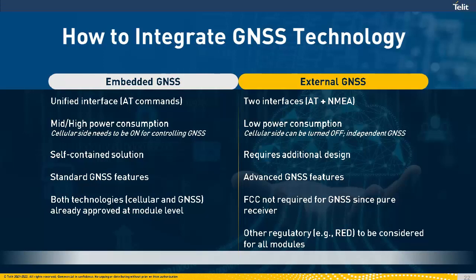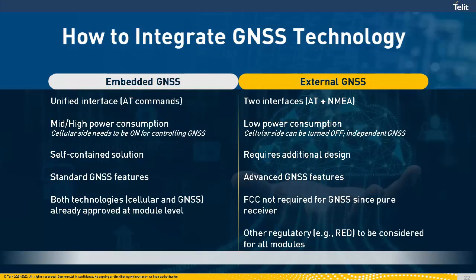Here again we get back to the software and firmware strategy for your final application: if you need to use the GNSS independently, or if power consumption is your concern, your strategy should switch off the part that's consuming the most when it's not needed. Of course, it requires some additional design review to achieve optimal performance, but it allows some advanced GNSS features available only on GNSS standalone devices.